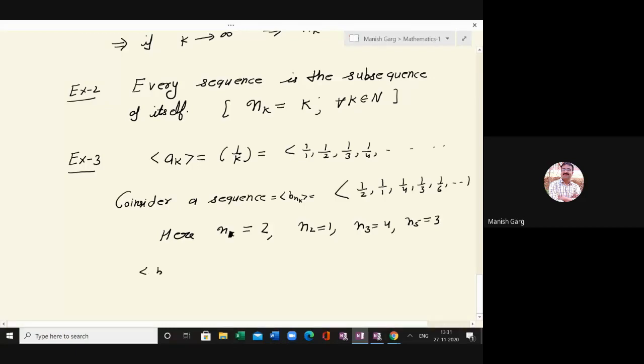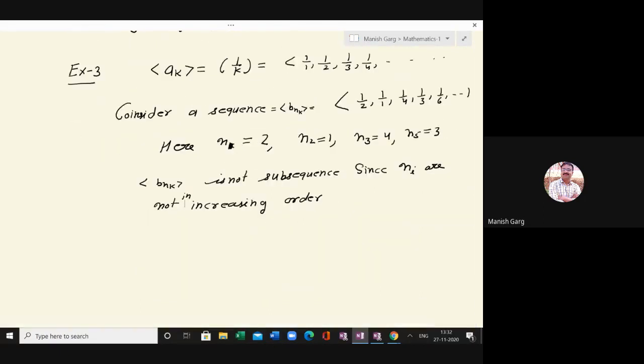So Bnk, whatever sequence this is, is not a subsequence, since the ni are not in increasing order.